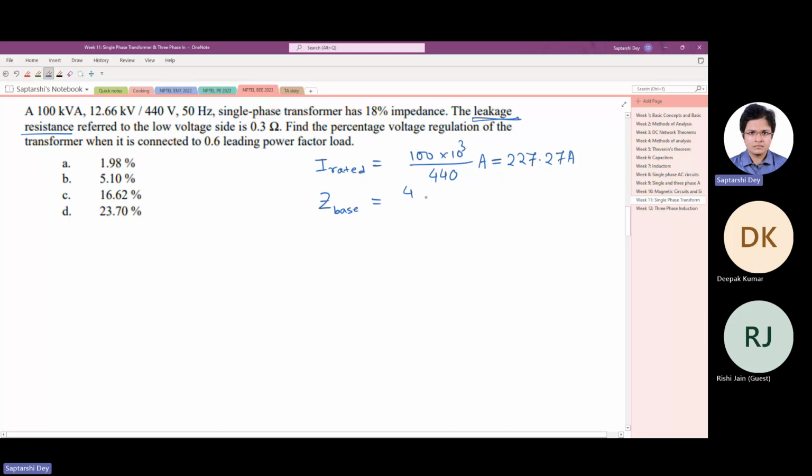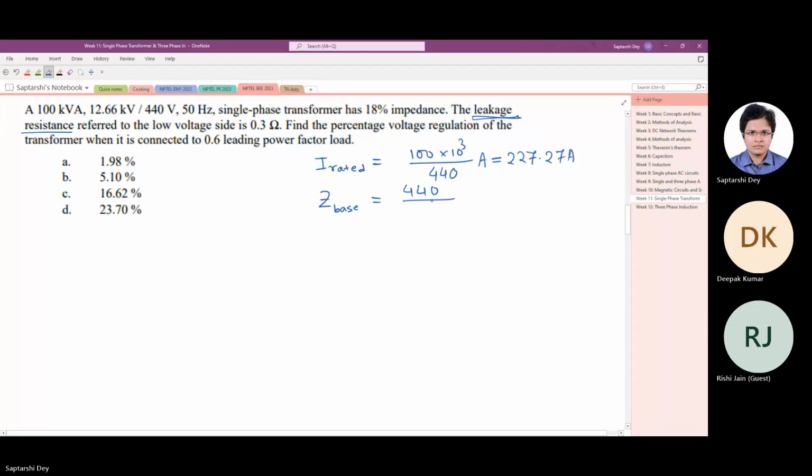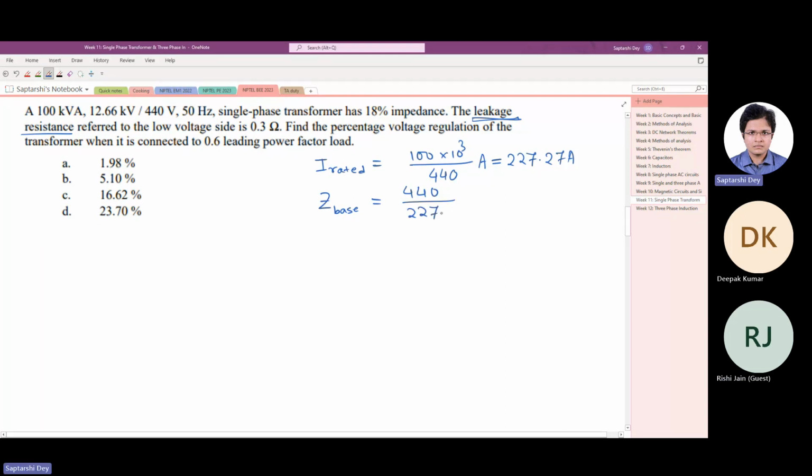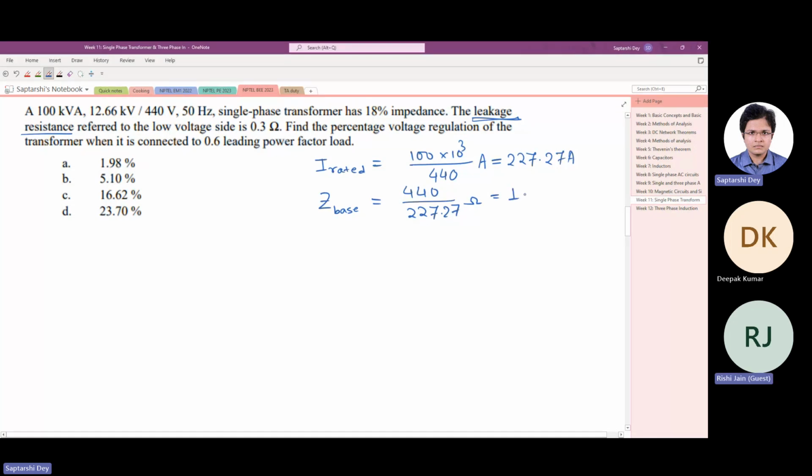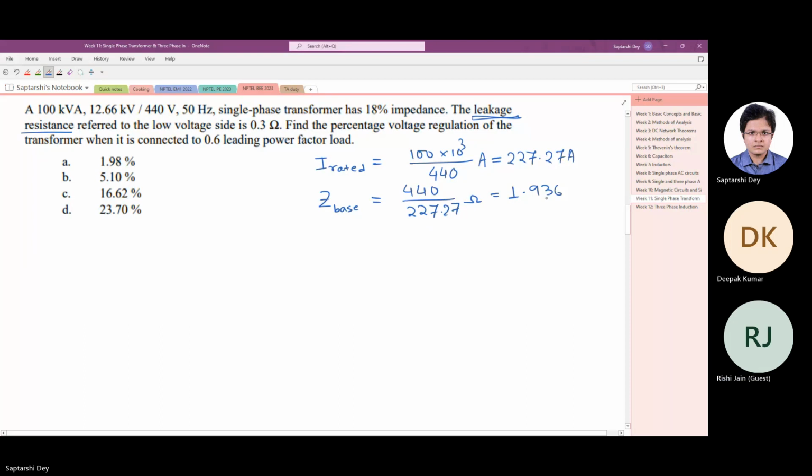So the base value of the impedance is 440, the voltage, by current 227.27, which is 1.936 ohm.